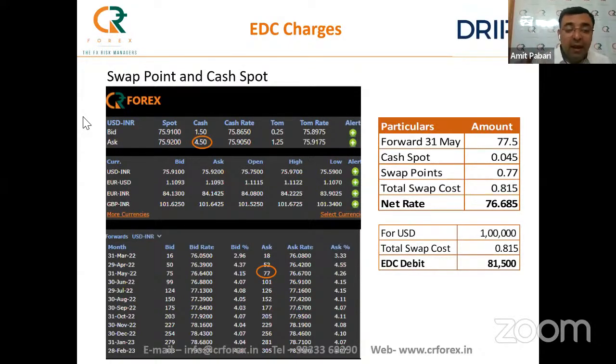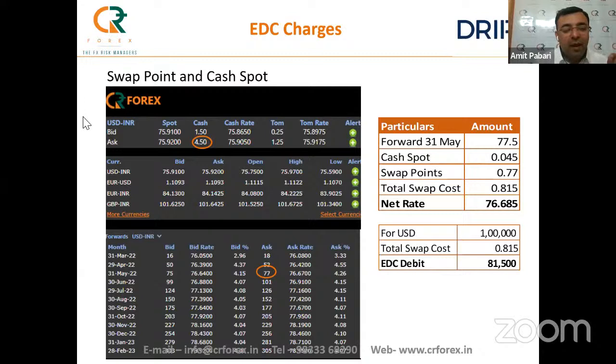Some banks will debit upfront, some banks will debit afterward. Banks like UCO Bank and Bank of Baroda generally debit afterwards. So if they are debiting afterwards, check whether they have deducted 81,500 or not. If they have deducted more, you have a right to ask them.